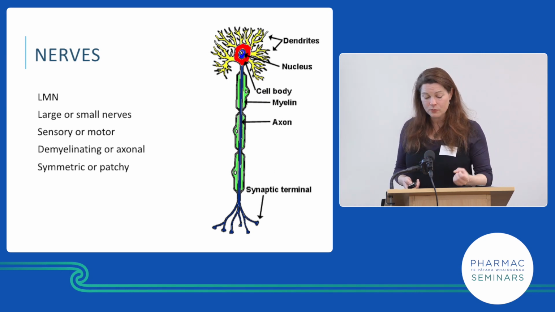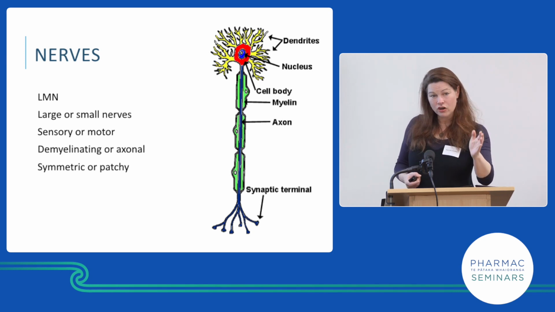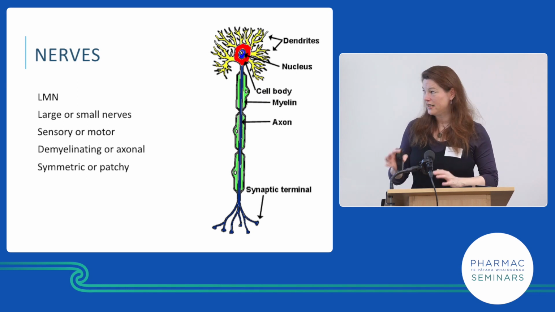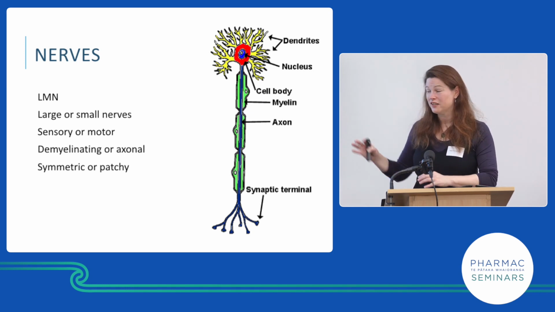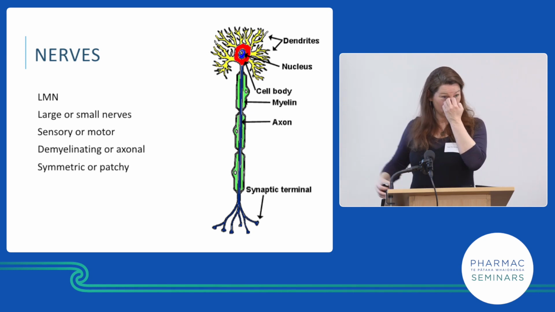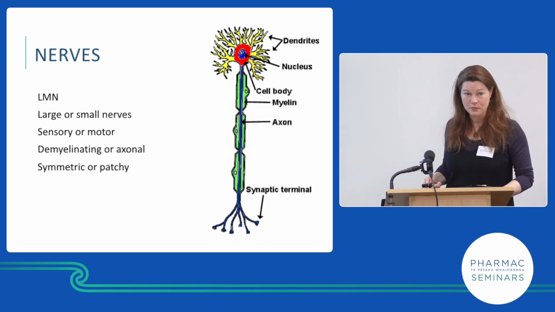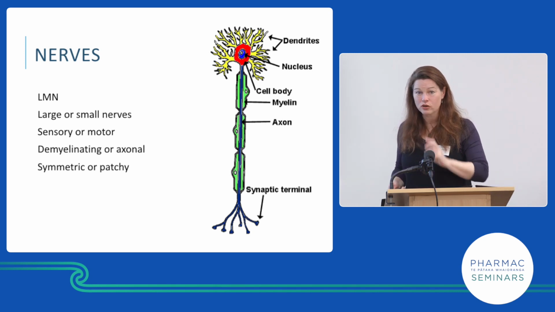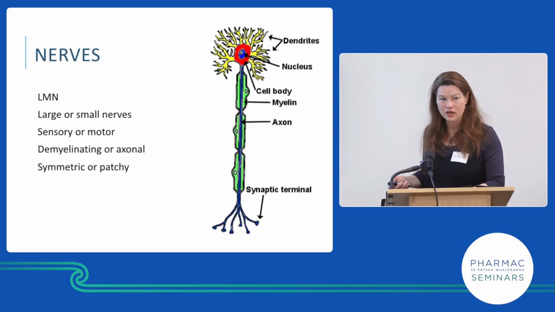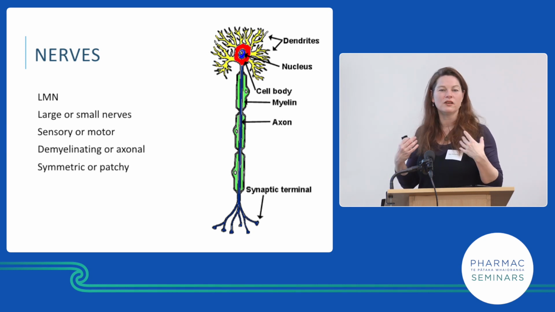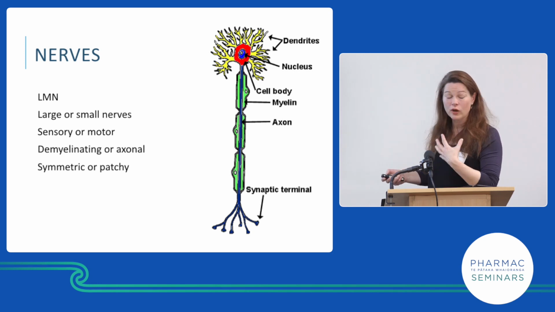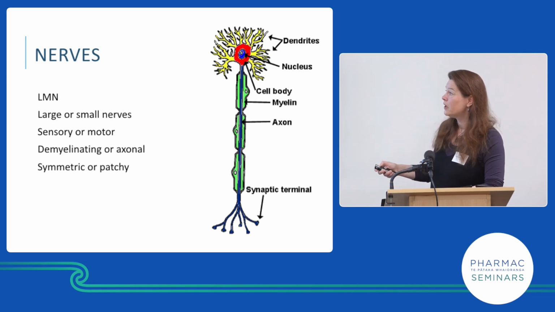So peripheral neuropathies are split into large fiber, small fiber, sensory, motor, demyelinating, axonal, symmetric, and patchy. If you can group them in all those, you have narrowed down your differential quite a bit. Now we'll talk a little bit more about the workup of neuropathy when we get to the cases, so I don't want to talk too much about that now. And in a way, you end up doing a bunch of bloods anyway. But it is useful. This is what we do when they come to the neurology clinic.